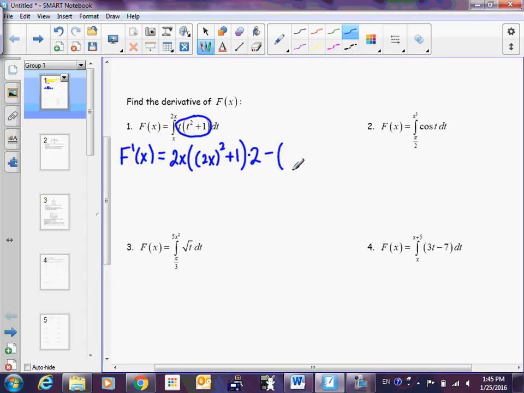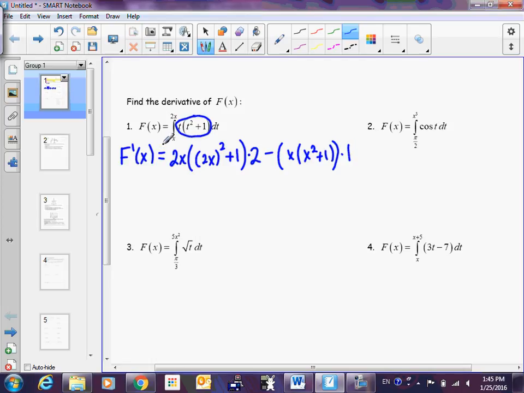I want to make sure that I subtract everything that's next. And instead of t, I'm going to plug in the lower bound, which is x. So we're going to have x, parenthesis. Instead of t squared plus 1, I'm going to write x squared plus 1. And then you are going to multiply by the derivative of that lower bound, which is 1.